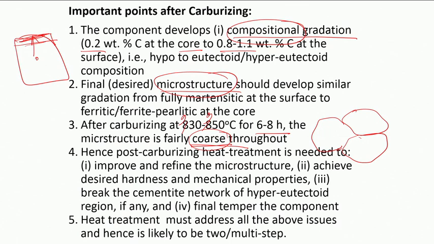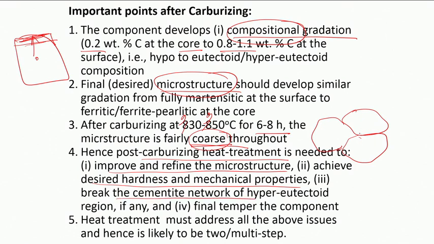And so for all these reasons, the coarsened structure and taking care of the gradation of microstructure and composition, we require certain post-carburizing heat treatment so that we improve and refine the microstructure, we achieve desired hardness and mechanical properties, and we break the cementite network.